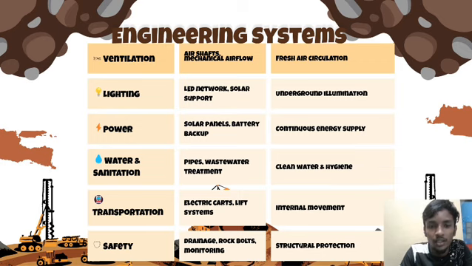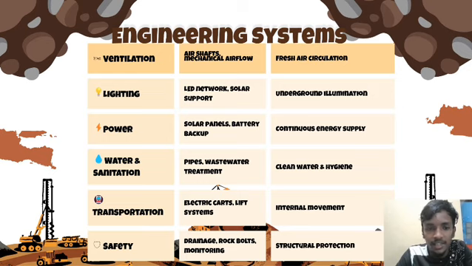Then we go to the engineering systems. We have to plan six engineering systems in this project. The first one is ventilation: air shafts and mechanisms.